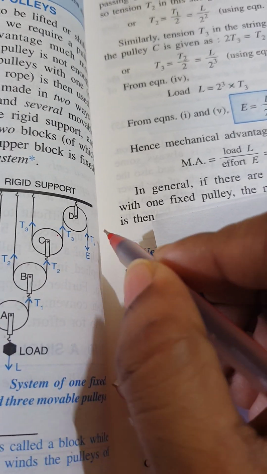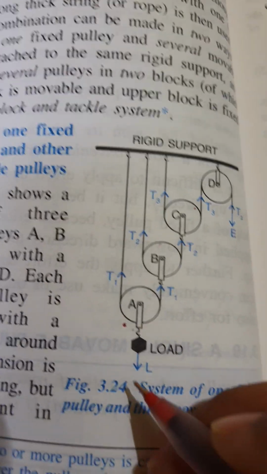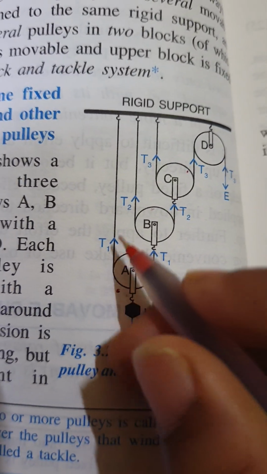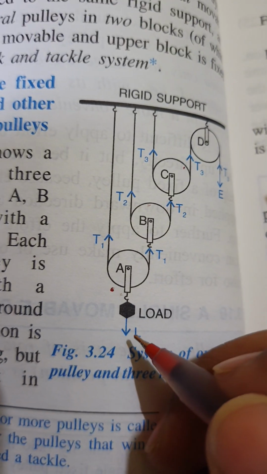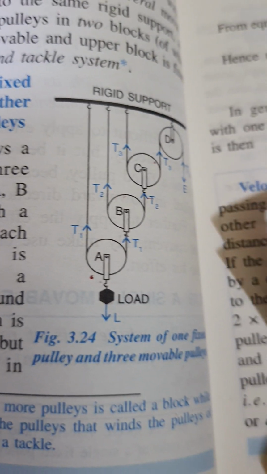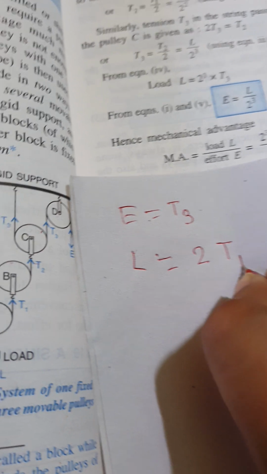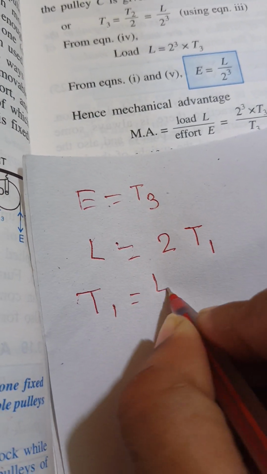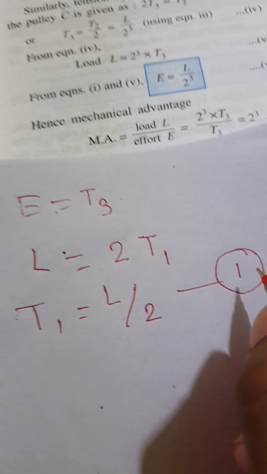After that, this load is supported with 2T1, so we can write load is equal to 2T1. From here T1 is equal to L by 2. Give this equation number 1.